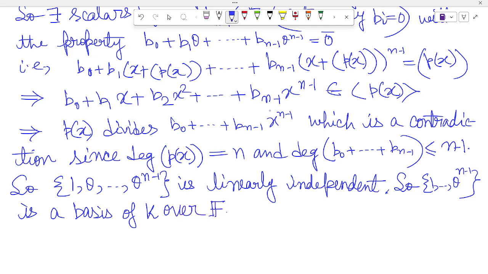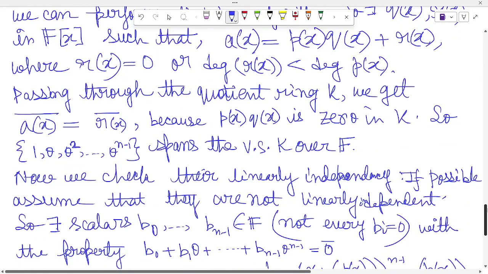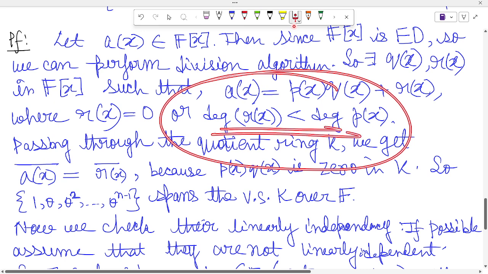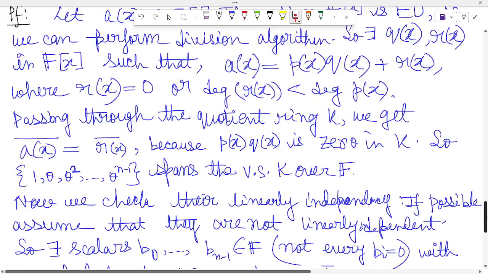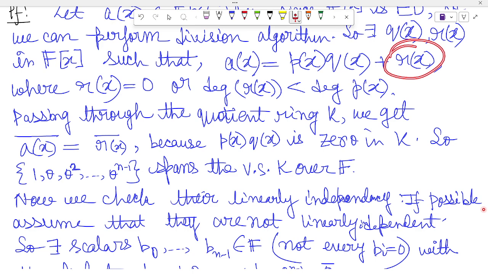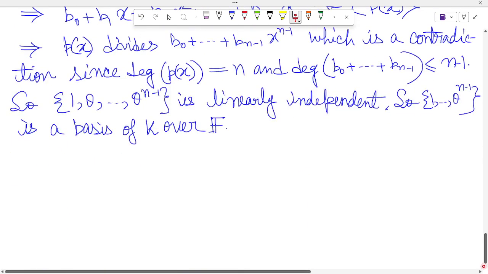So the degree reduction comes from the Euclidean division algorithm. That comes from there. And passing through the coset, we saw that only elements of that degree would survive here. The degree of elements would be less than n for surviving.